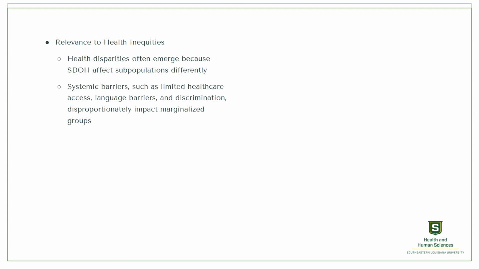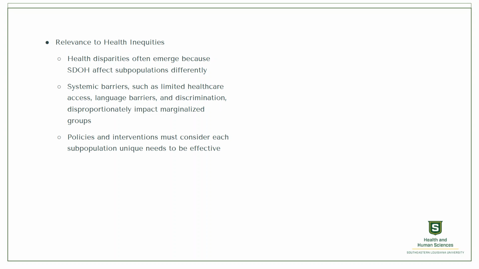So, why is it important to look at subpopulations, and why is that relevant to health inequities? Health disparities often emerge within these subpopulations because social determinants of health affect them differently, and systemic barriers also tend to impact them in a more negative way than they impact the larger population.